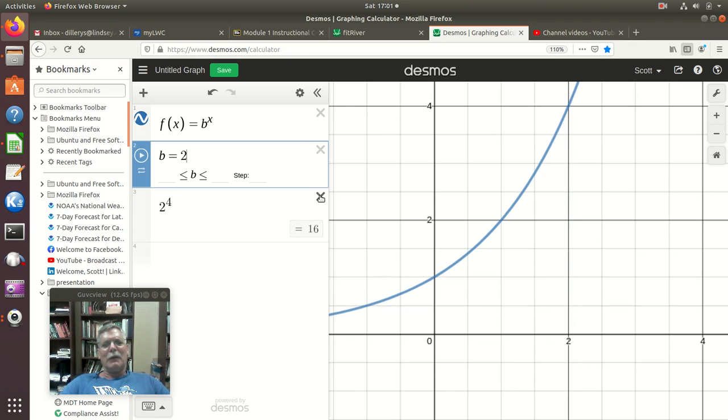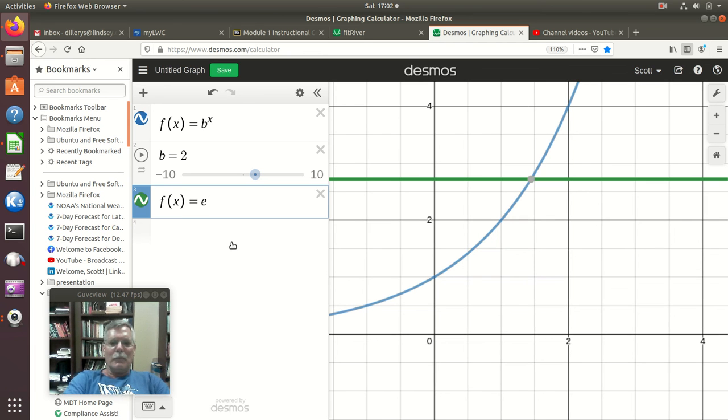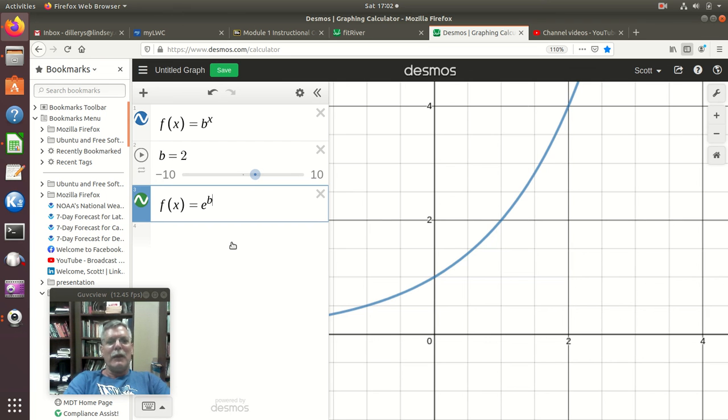Now, that said, the way we're going to tend to look at exponential functions, instead of changing the base b, we're actually going to do it as f of x equals e to the bx, like that.